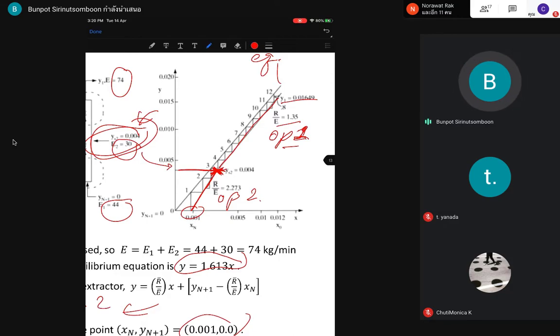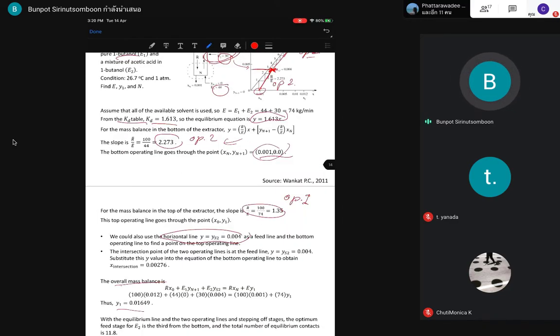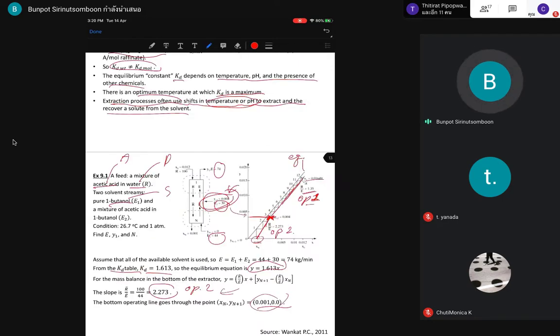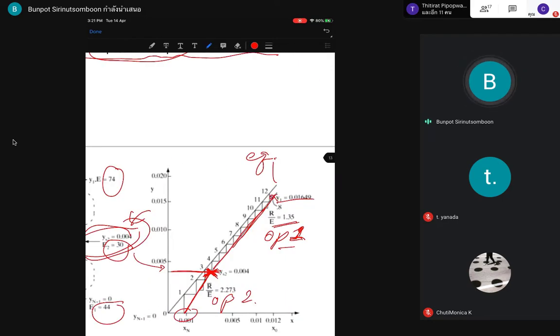One way is to use this intersection and the slope. The other way is to use the overall mass balance, just like this one right here, to get y1. Once you know y1 and x0, then you also know this point, and you know the slope. Then you can draw the line here.